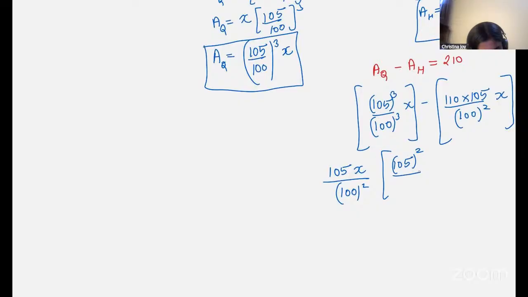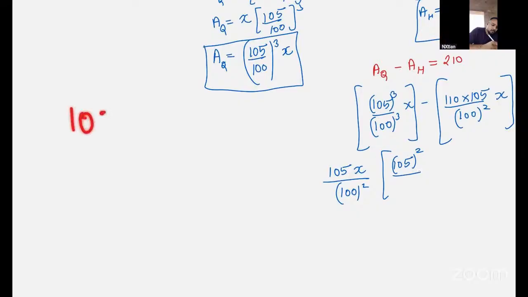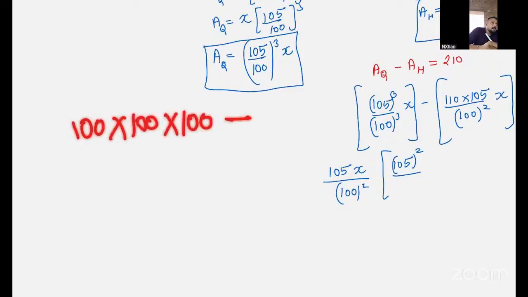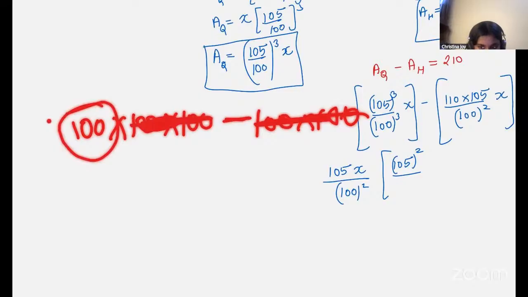So the denominator is 100 into 100 into 100 was there, and minus 100 into 100 was there. So these two are out, as well as these two are also out. So what will remain behind? Just 100. Only 100, no?